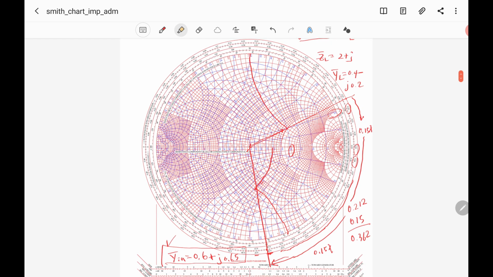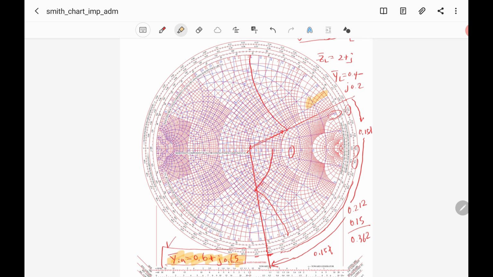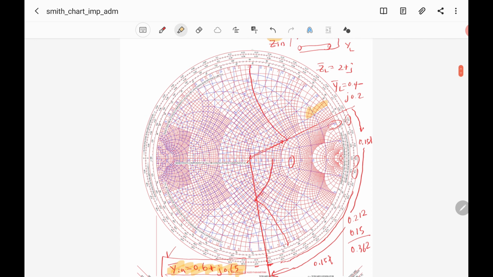So either way, if you use this chart or the previous Smith chart with only impedance information, you can get the correct value. So if you have either of them, you can do it if you don't have any confusion, right?